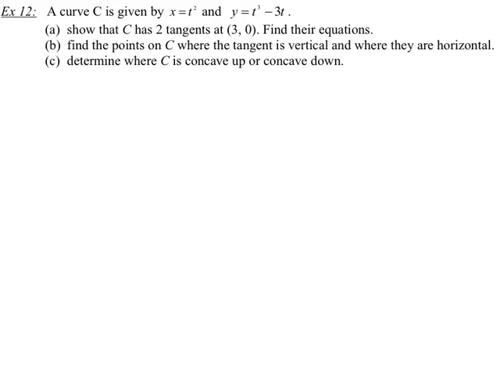And part of the indication for that is that it says that there has to be two tangents at the point (3, 0). If you have a graph that doesn't cross itself, there can't be two tangent lines at the point (3, 0). So play around with your t-values until you get a graph that crosses itself. Pause the video, come back to me, and I'll show you the big graph.